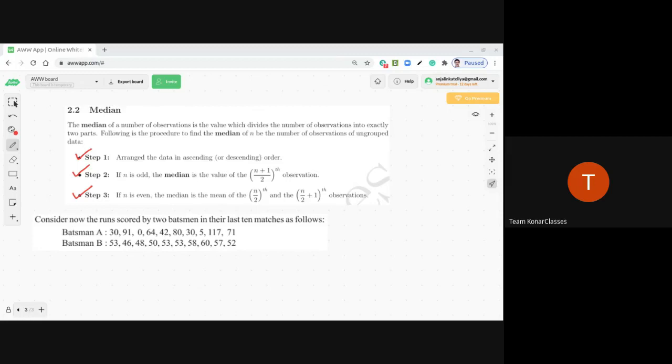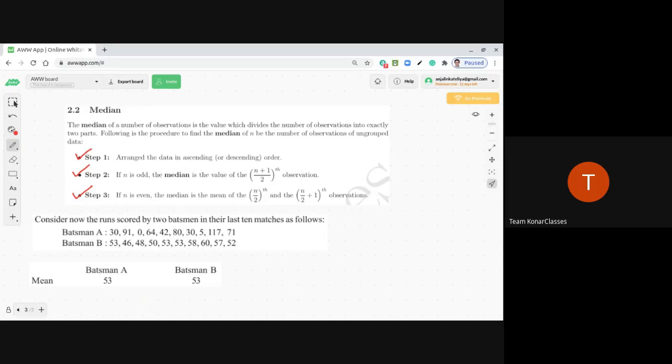You can compute it at your end and validate this, that you will get the mean of both these batsmen as 53 and 53. Now, how to find the median? To find the median, let me make it a little bigger.